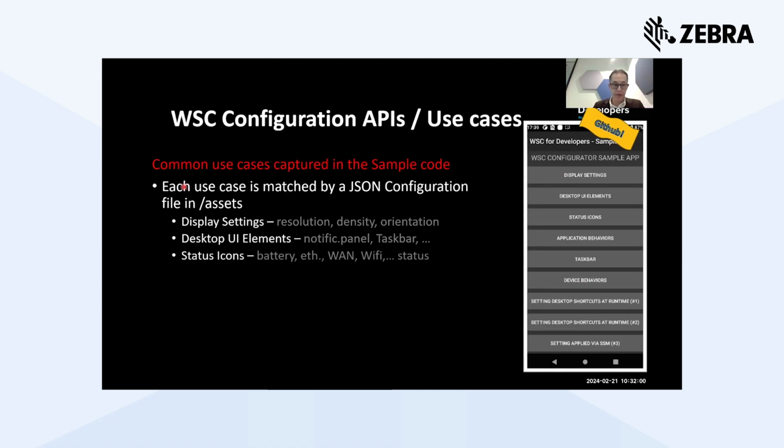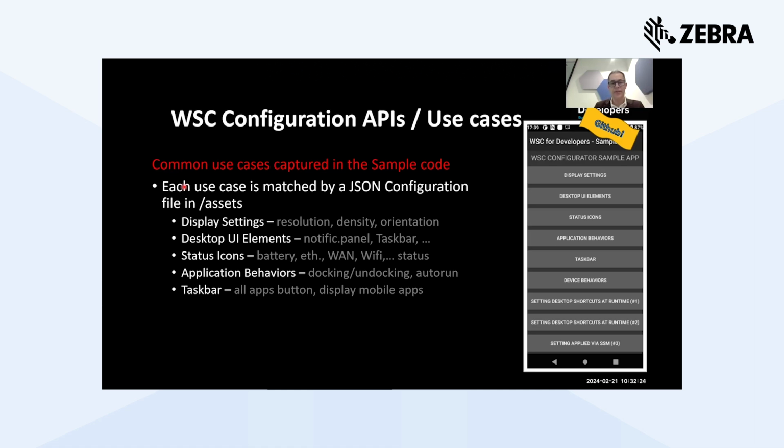The status bar is another example that I've already covered. An interesting API is the one around application behavior. For instance, you can decide what the application behavior is on the docking and undocking events, which application should auto-run when the device is docked, and so on.